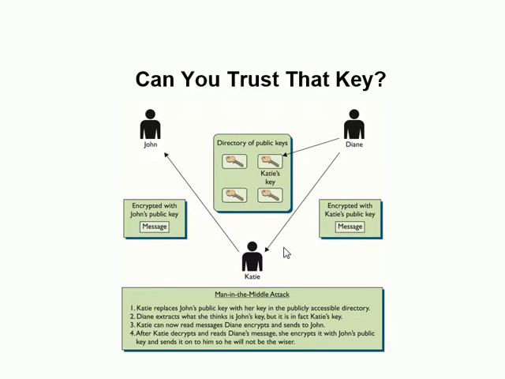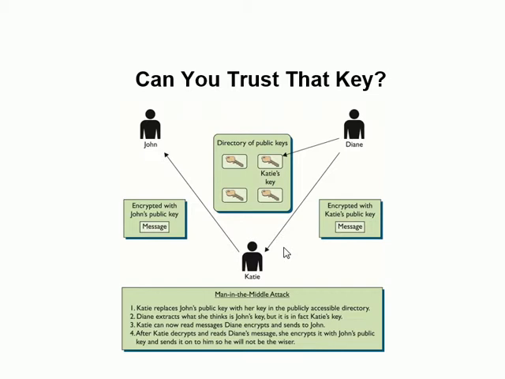So Katie, who is down at the bottom, replaces John's public key with her public key. Then Diane, who's in the upper right, when she goes to look up the key for John, really gets Katie's key. And when Diane goes to send the message to John, she's really using Katie's key to encrypt that message.